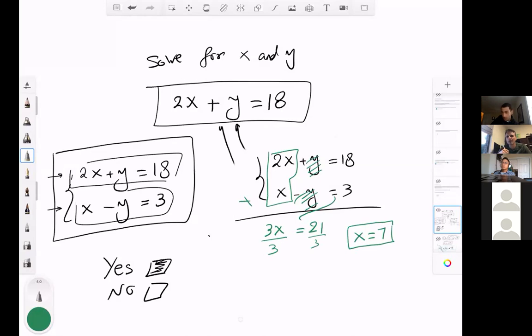How do I solve y? Plug 7 back in for x in one of the equations.